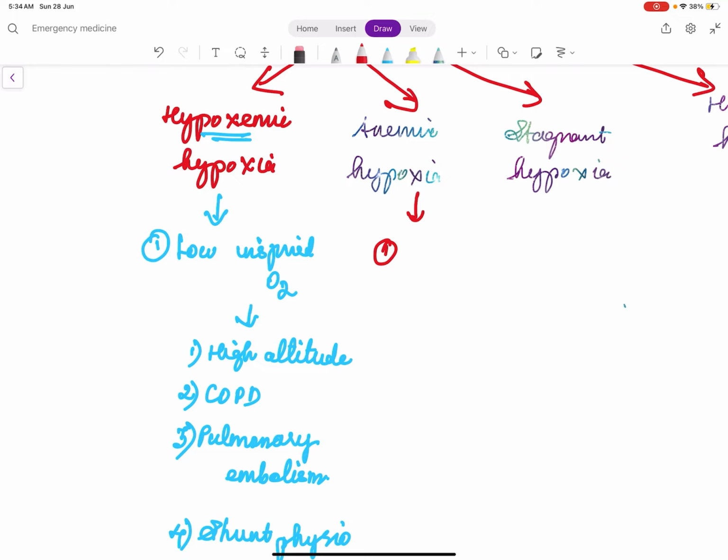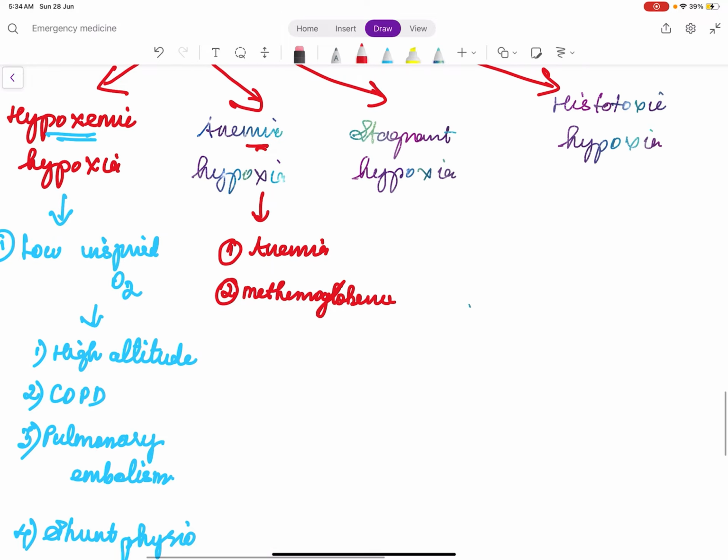The ventilation is normal. Oxygen enters the pulmonary capillaries normally. But because of anemia, low hemoglobin, the oxygen carrying capacity of blood itself is low. Right? Diseases like methemoglobinemia, abnormal hemoglobin, also come under anemia. And even plain anemia itself can cause anemic hypoxia.